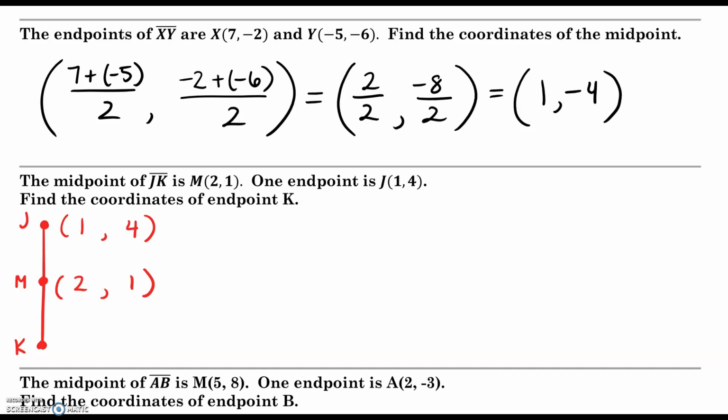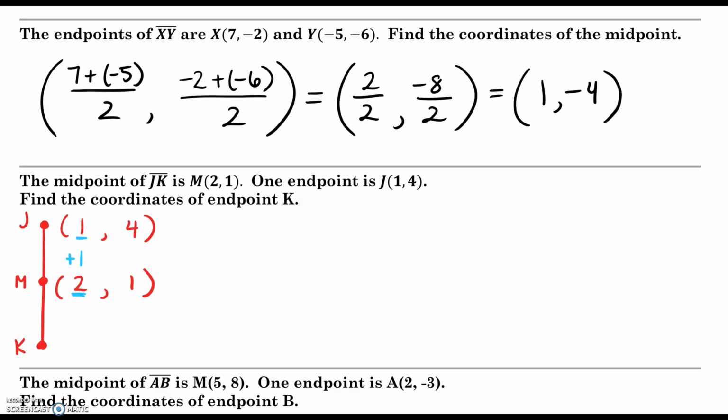So now we have to see how many we had to add or subtract to get from J to M. So for the x coordinate, to get from 1 to 2, we had to add 1 here. Everyone with me? To get from an x coordinate of 1 to an x coordinate of 2, we had to add 1.